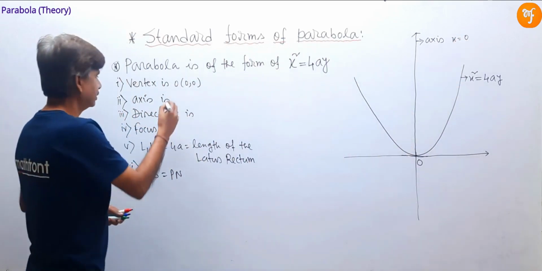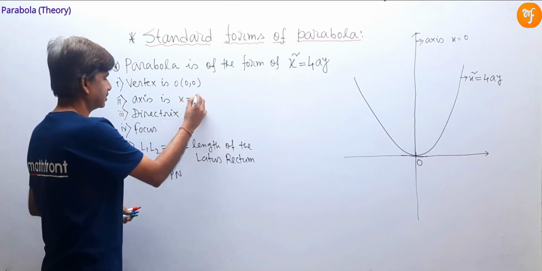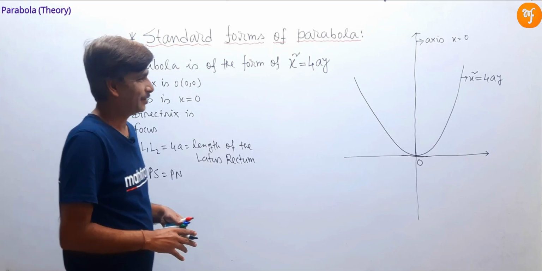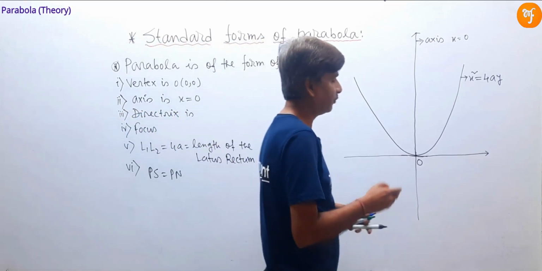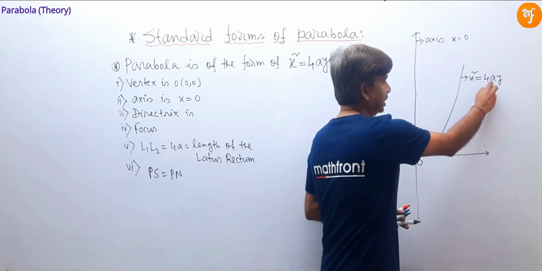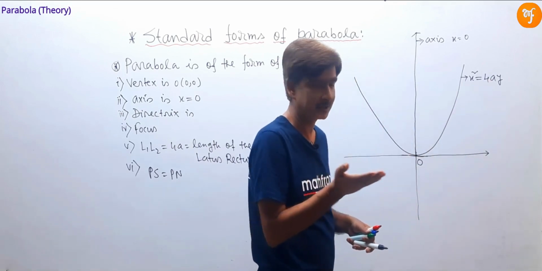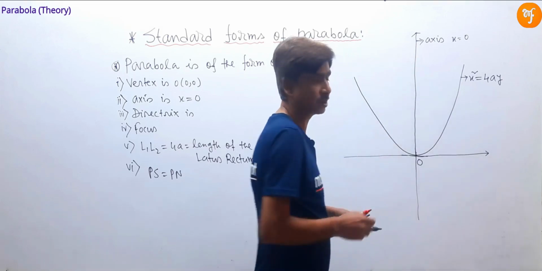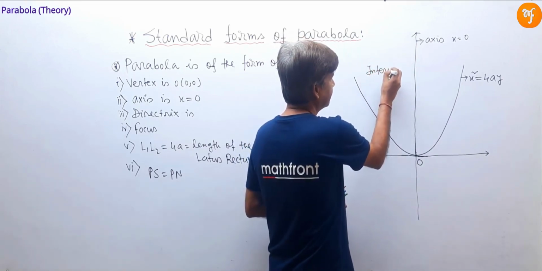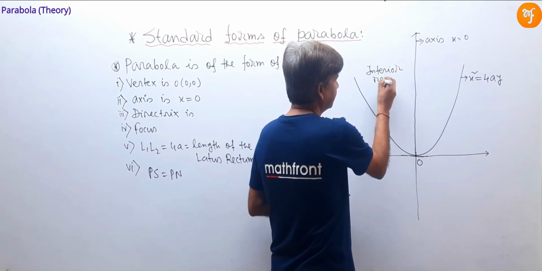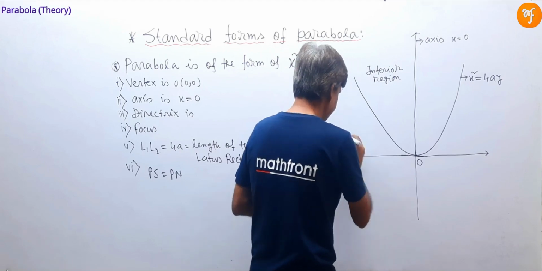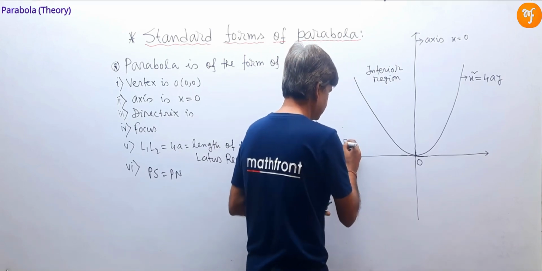Okay, so axis is x is equal to 0. Now the distance of the focus from the vertex is here again a unit and the focus lies in the interior region of the parabola. So this is the interior region and this is the exterior region.